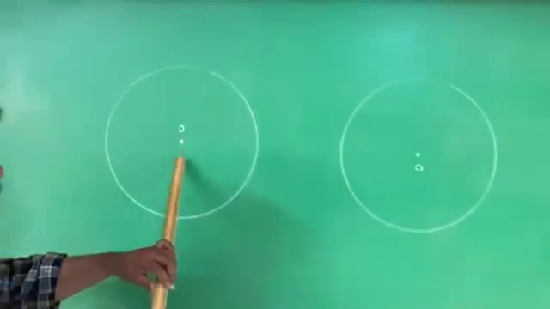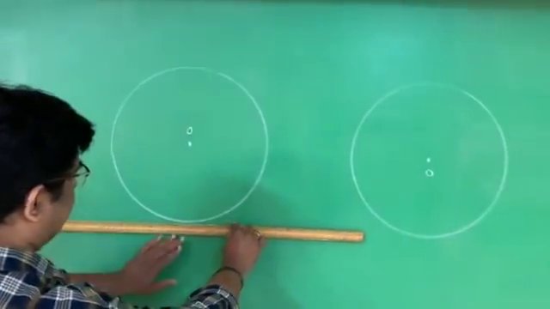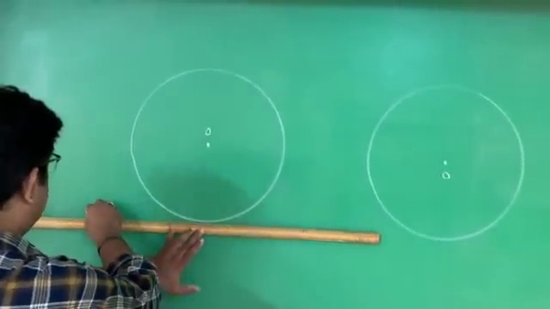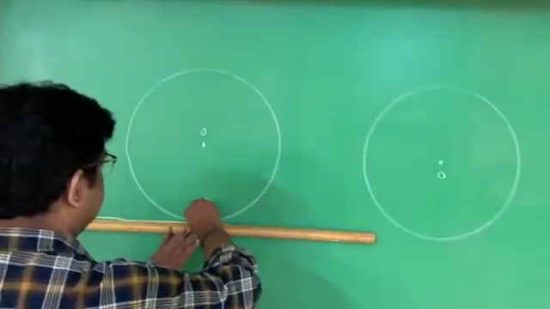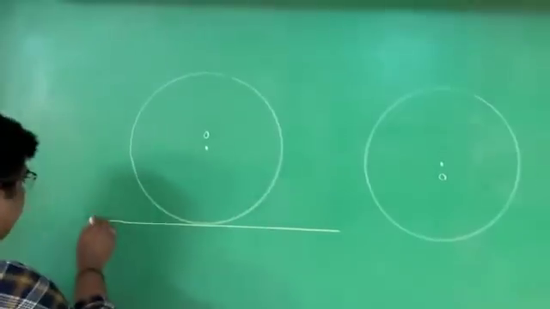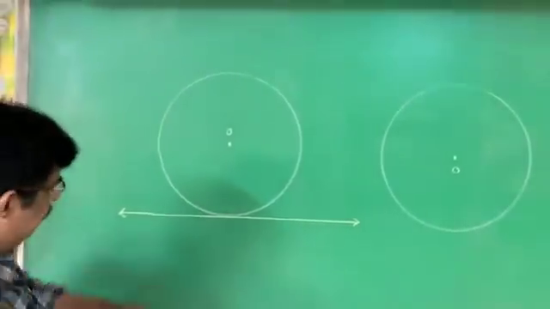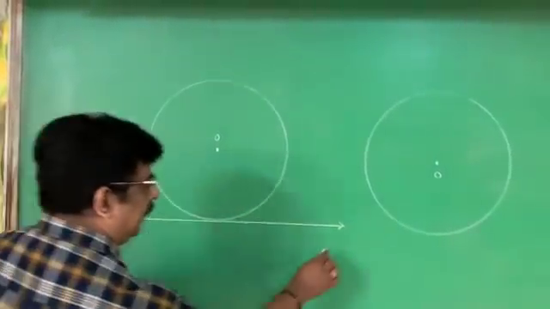Now I write, see here there is a circle with center O. I write a tangent. What is a tangent? Tangent is a line. Line means I can extend these two ends. Now I call this ED.